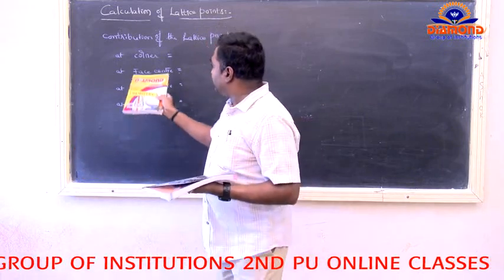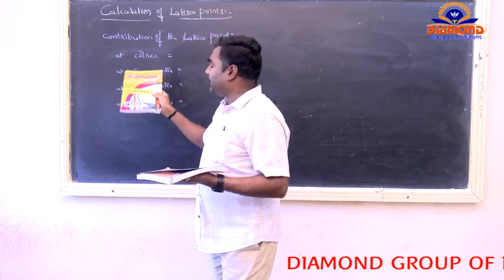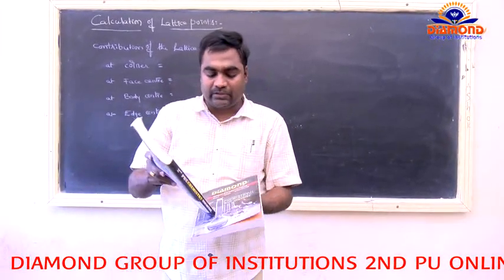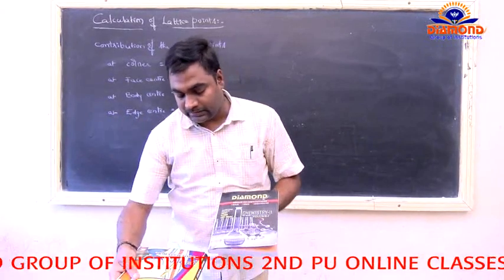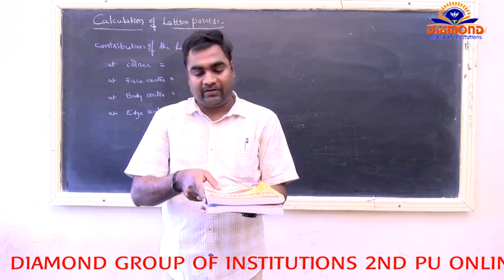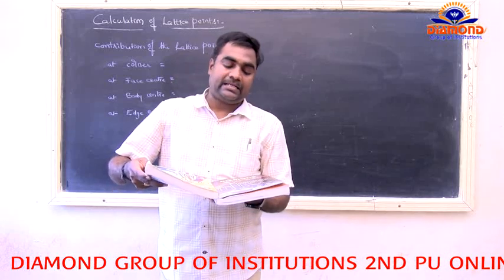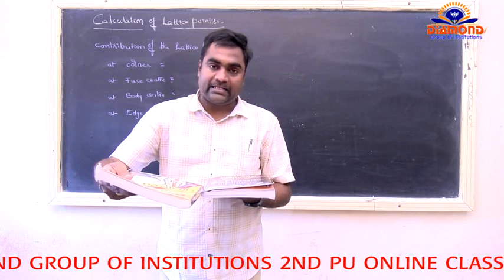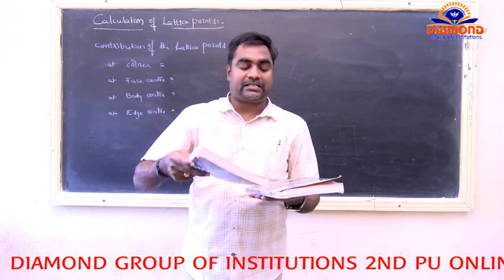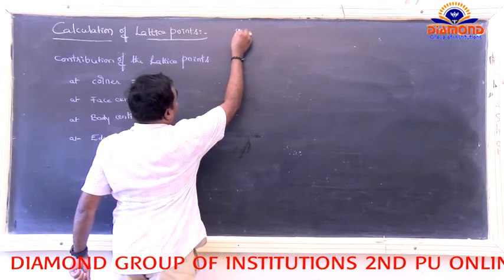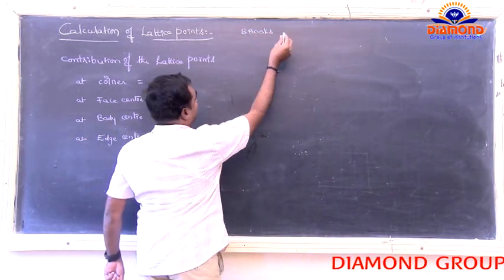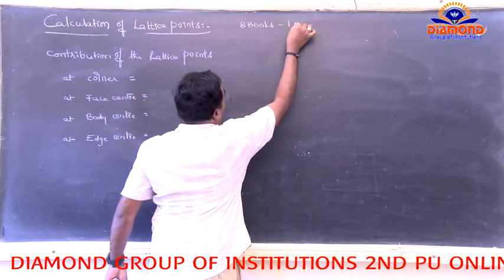So the point taken at the corner is covered by a total of 8 books: the first, second, third, fourth book, and one more on top, the fifth, then the sixth, seventh, and eighth. Total 8 books touch only one point.